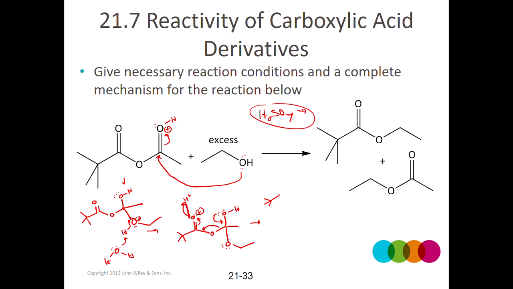These electrons swung up there. This oxygen picked up a proton. These electrons swing in there. These electrons swung in here. Still a methyl group attached here, and the OEt.